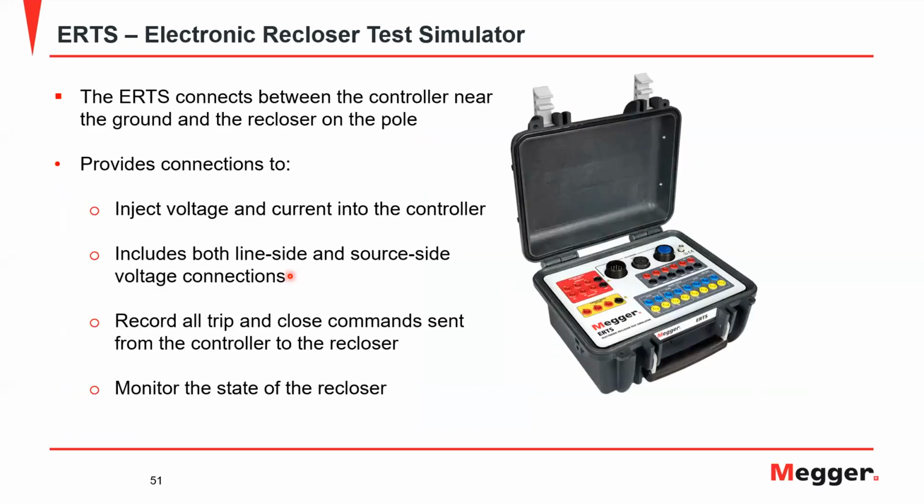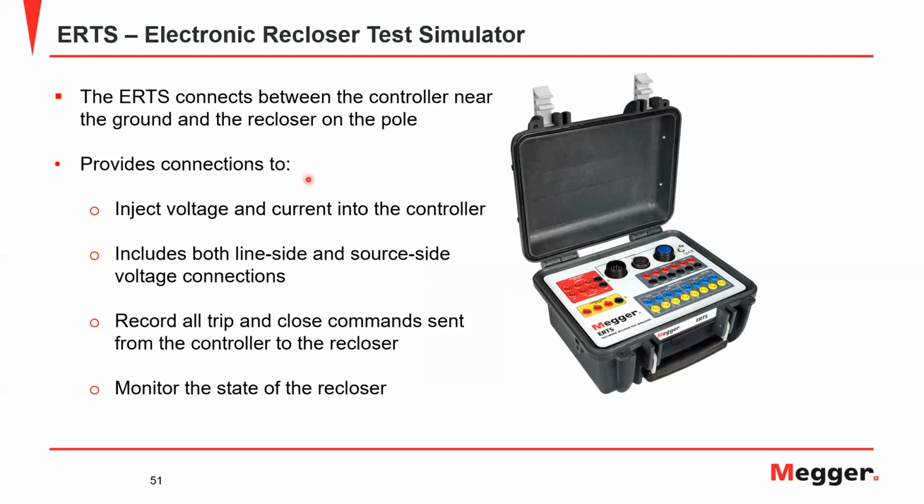Well, we actually provide an interface. This is not high-tech electronics. There's no power supply. You don't plug it in. There's really no place to even connect a computer to it. You don't need it. This provides connectivity to connect to the recloser controller and to the recloser on the pole simultaneously.